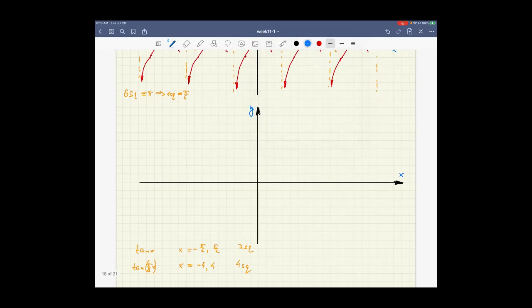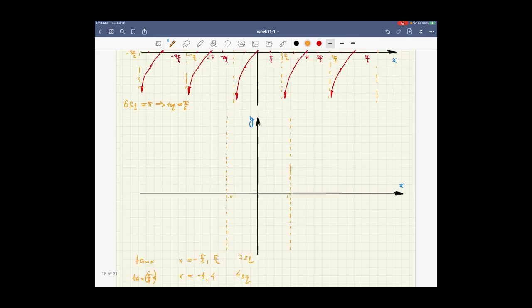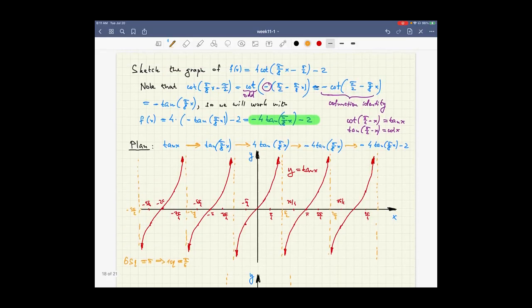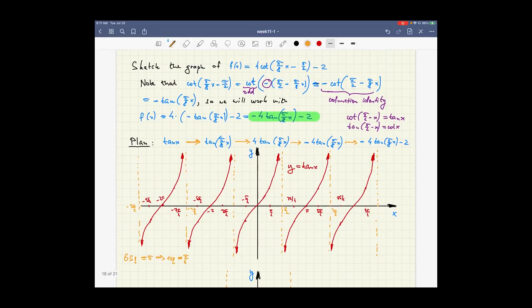So the asymptotes will be at 4 and negative 4. And then at 8, no, not at 8.